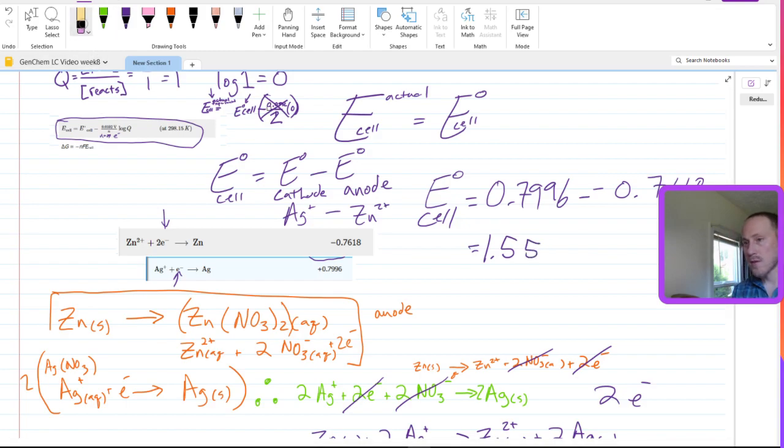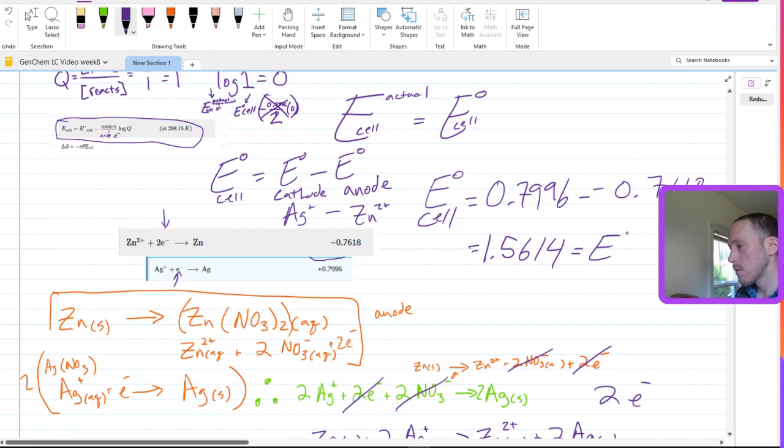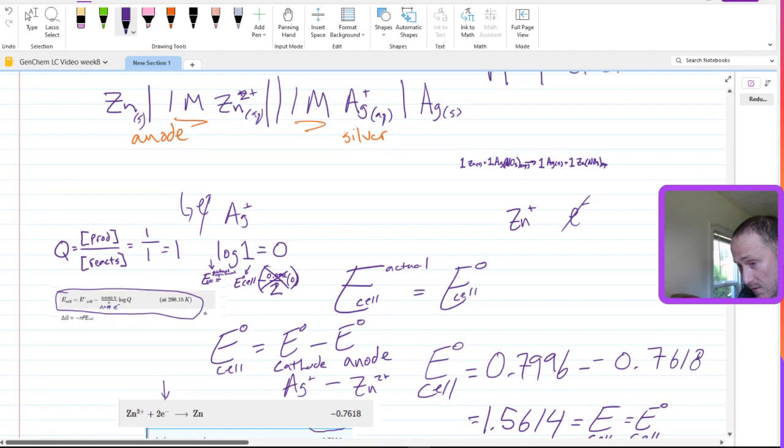Oops. So part of why I brought up the whole log of Q thing right now, it's going to come up in other ones, but it just illustrates that you can affect the potential. It equals E cell and standard E cell. You can affect the potential of things by changing the concentrations of the products and reactants like that.